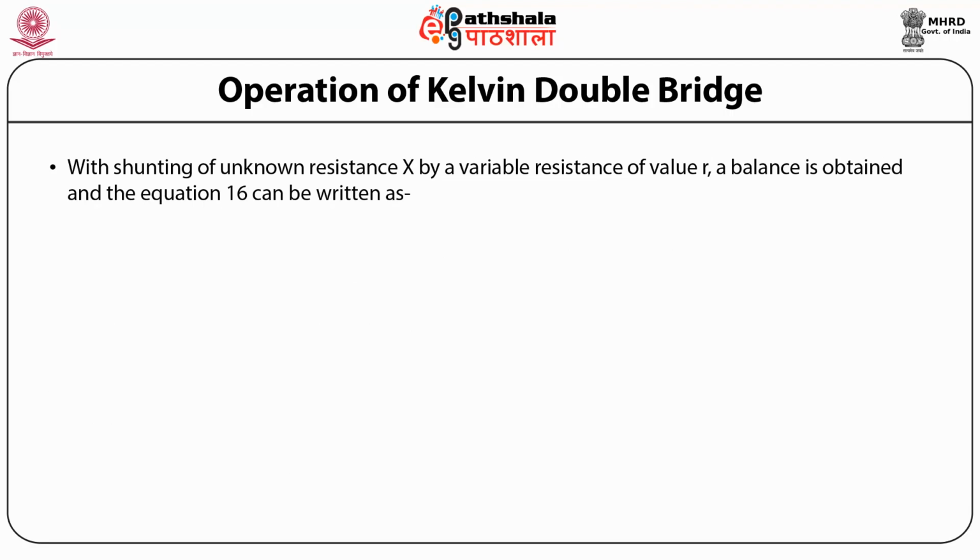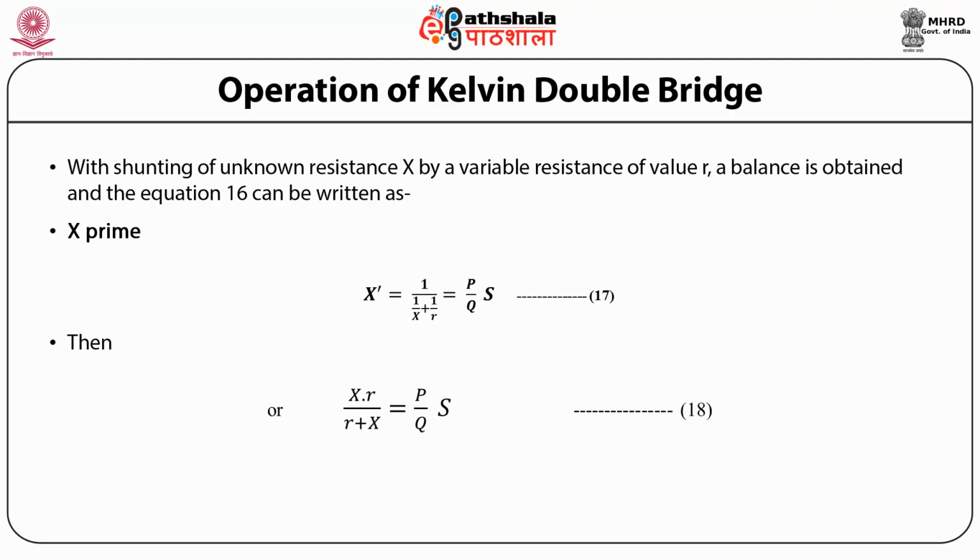With shunting of unknown resistance X by a variable resistance of value R, a balance is obtained, and equation 16 can be written as X prime equals 1 divided by 1 by X plus 1 by R, which equals P by Q into S. This is equation 17. Then X into R divided by R plus X equals P by Q into S. This is equation 18.